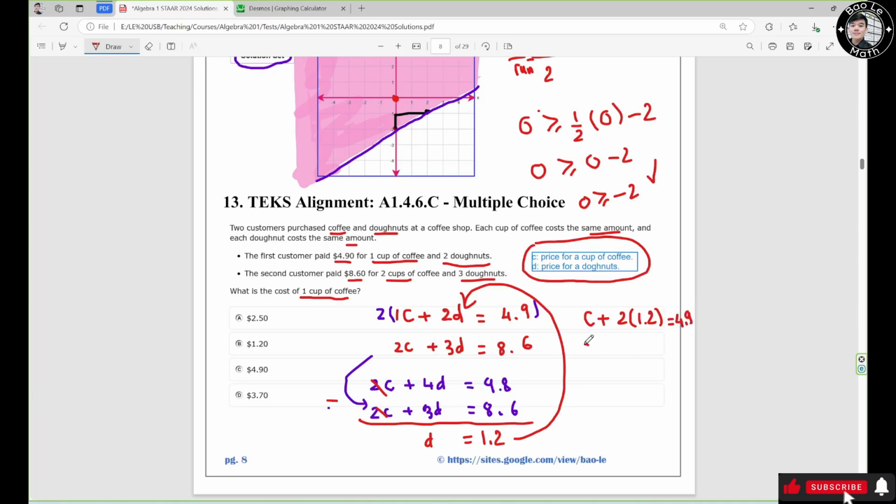Alright, so C plus 2.4 equals 4.9, right? Now subtract 2.4 from both sides. So C equals 4.9 subtract 2.4. So C equals $2.5, right? So the answer is A.